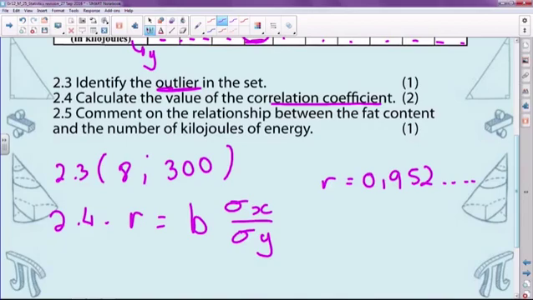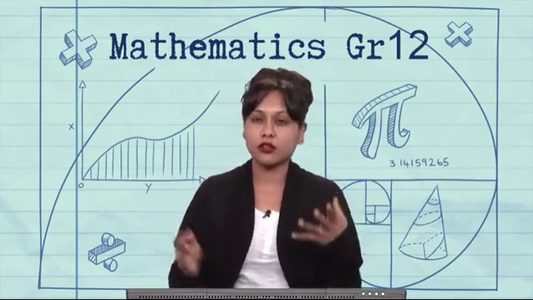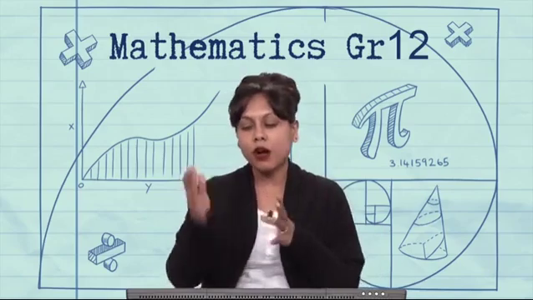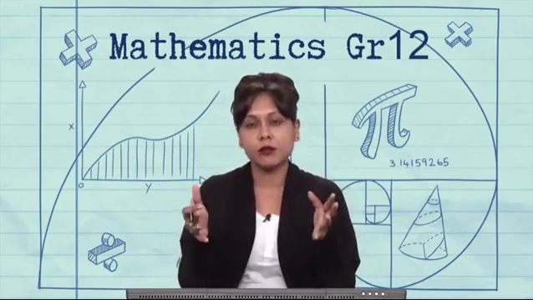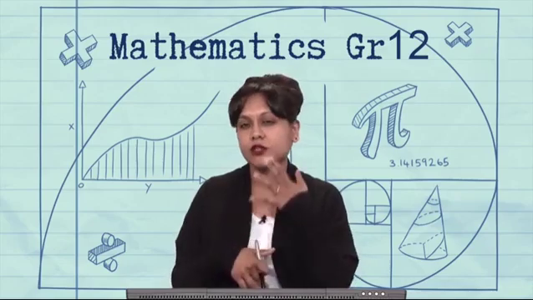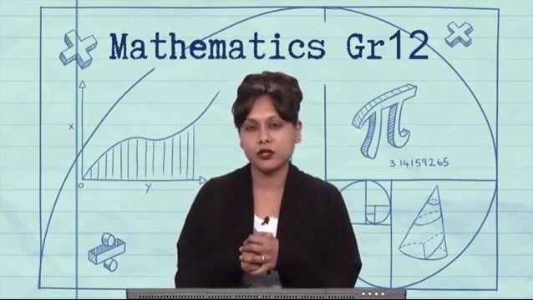And guys, this is why I'm saying to you, it is so much better to be able to work all of this out on your calculator than to struggle through doing it by hand. Why is it so much better? Often these questions are for minimal marks, 1 or 2 marks. It doesn't require you spending too much time on each of these questions.